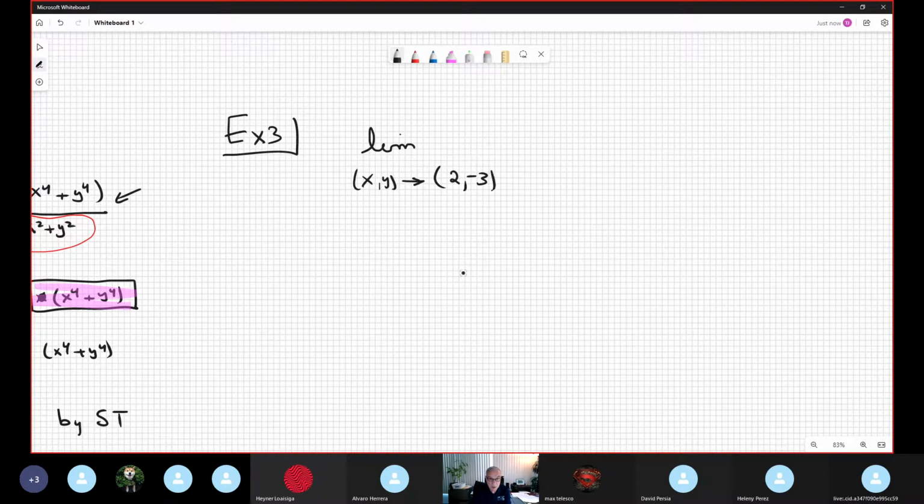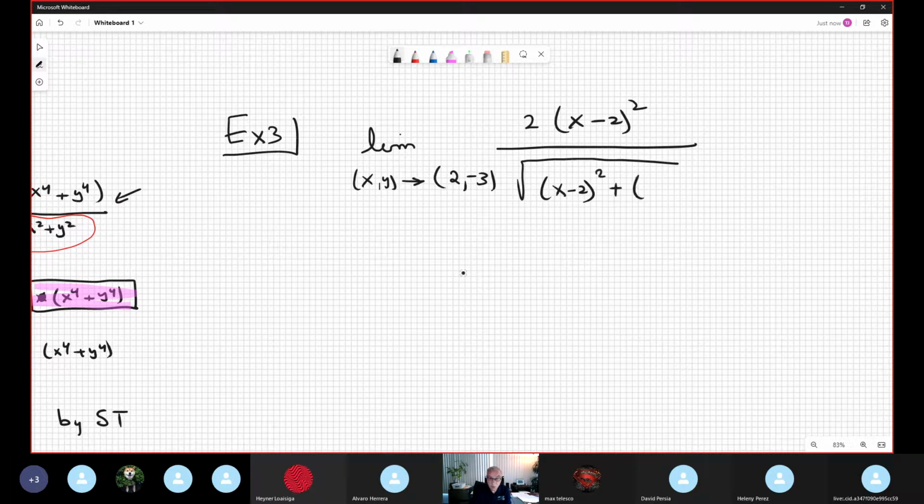Wow, it's not 0, 0. Okay, of the expression 2 times (x minus 2) squared divided by the square root of (x minus 2) squared plus (y plus 3) squared.